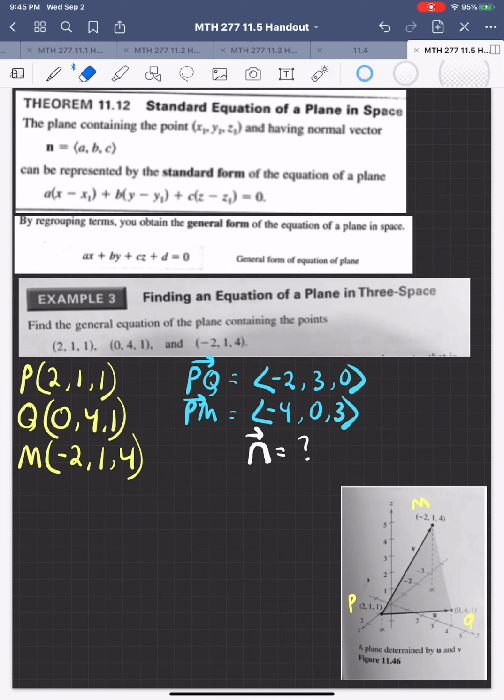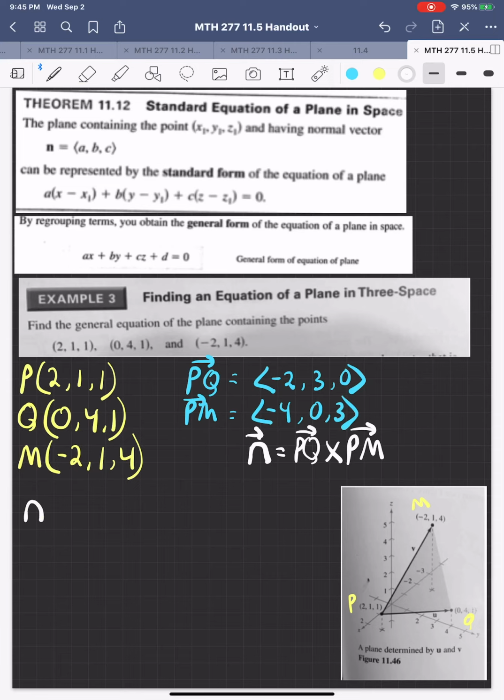So I'm going to go ahead and write that. If I take the cross product of P to Q and P to M, that's going to give me a vector that is normal to my other two vectors. I'm just going to produce this for you without showing the steps.